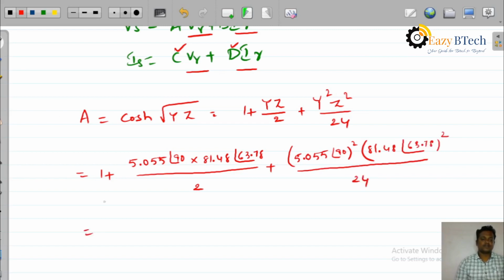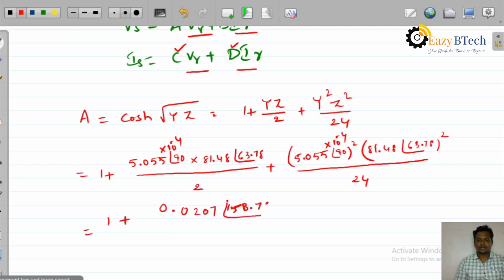Therefore, this value is 1 plus 0.0270 at an angle 153.78 into 10 power minus 4.